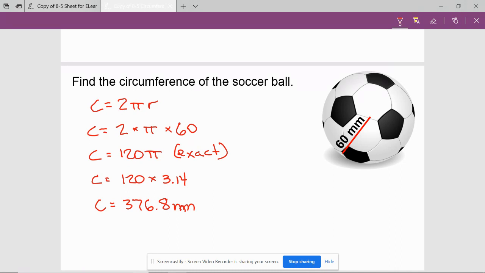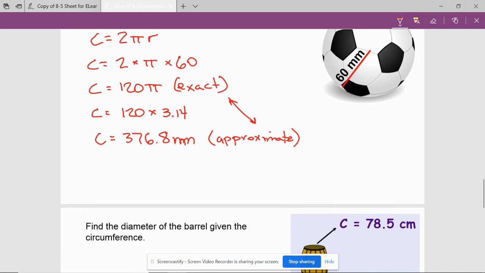I can't write today, but this is our approximate number, remember, because pi is approximate for us, because we're not using the whole number of pi. So that's approximate. So make sure that we know the difference between these two things. Okay? So let's go on to the next one.